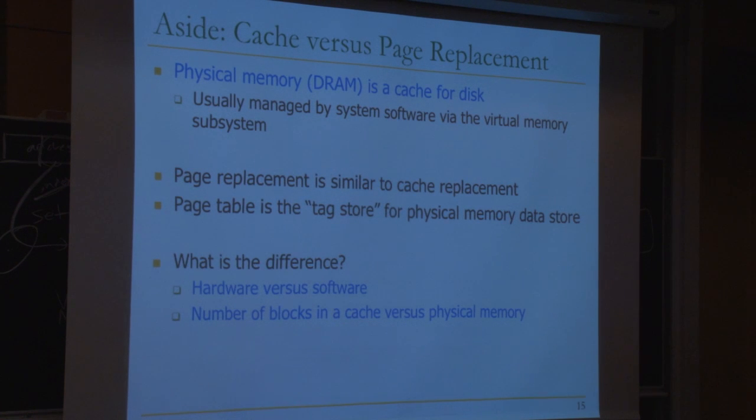You can think of it as a fully associative cache to disk. So how do you do the page replacement? Well, you probably don't want to have an LRU ordering of 4 GB divided by 4 KB blocks. I guess what is 4 GB divided by 4 KB? That's 2 to the 20, right? 1 million, I think. Yeah, 1 million blocks.